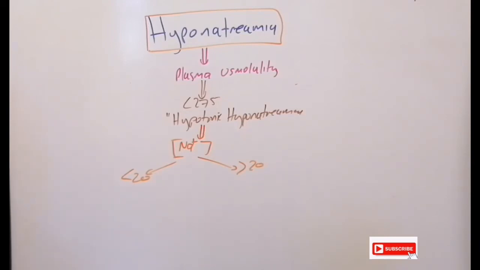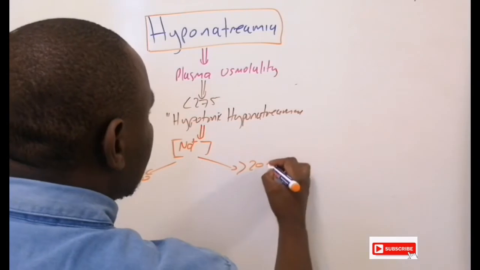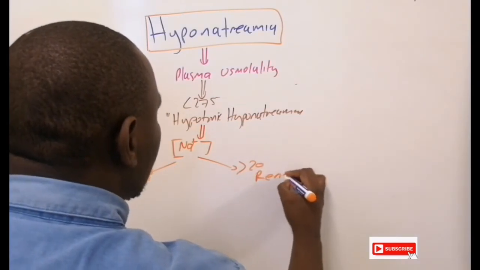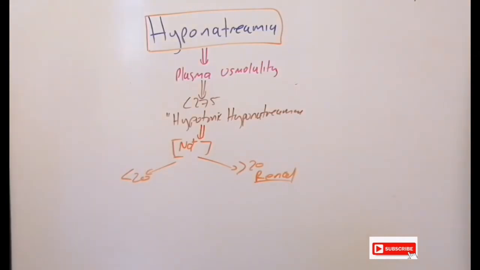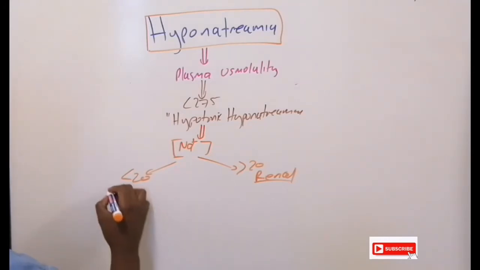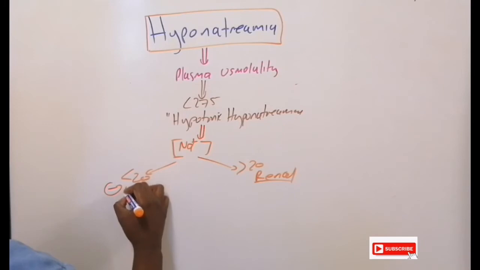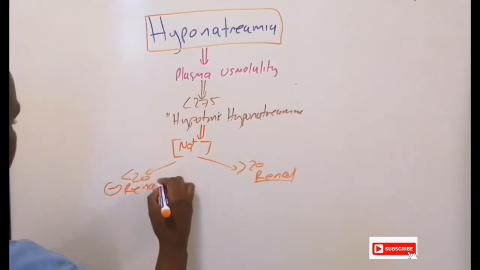If the concentration of sodium in that spot urine, you don't have to do a 24-hour collection, that's just a spot sample, is more than 20, it means that this is a renal loss. So this patient is losing their sodium through the kidneys. But if it's less than 20 millimoles, then it's not the kidneys, it's elsewhere. So it's not a renal loss.